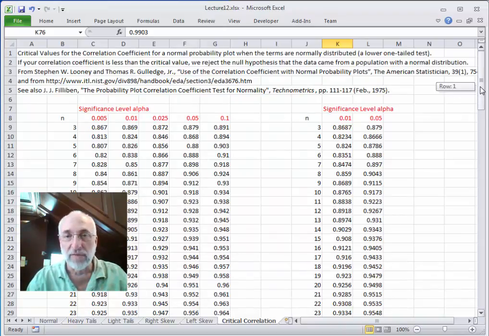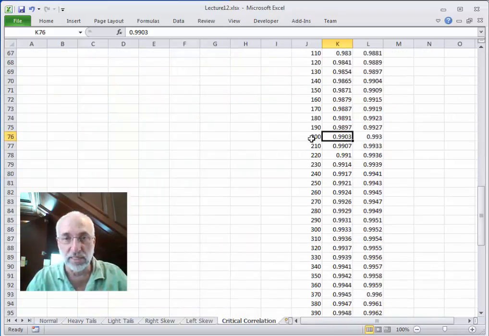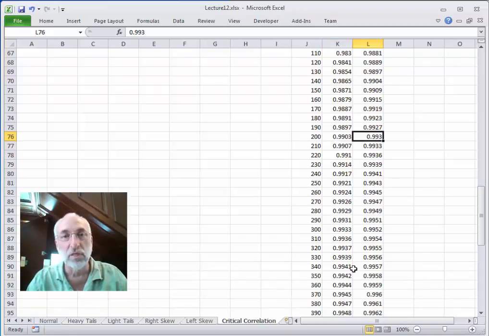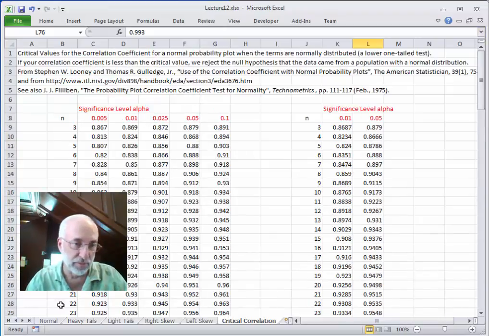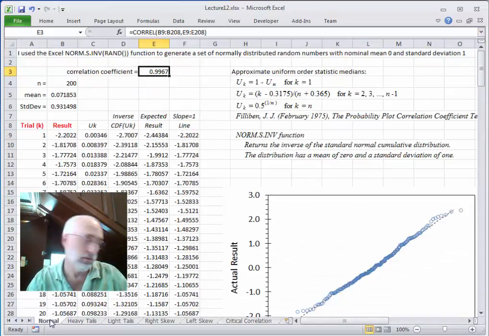Let's look up. We have 200 data points in this particular data set. So here it is. With a significance level of 0.01 and a significance level of 0.05, we see that the critical correlation coefficients are about 0.99 and about 0.993 respectively. And what was our number? It was 0.997.